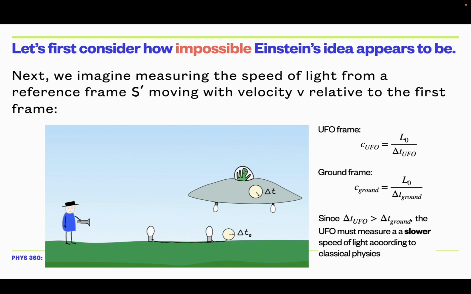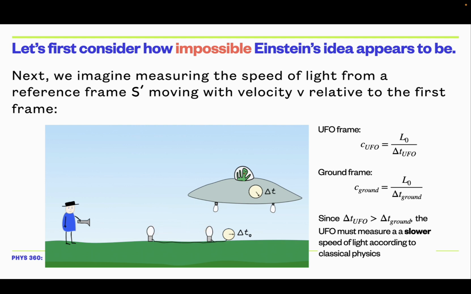Hopefully you could see that the light moved from here to here for the ground, but it moved from here all the way over to here someplace before that second detector on the UFO found it. So in the alien's frame of reference, the distance between the two photodetectors is the same as what we measure on the ground.